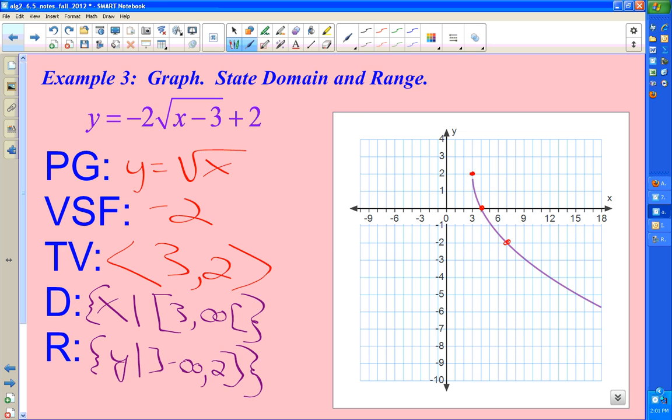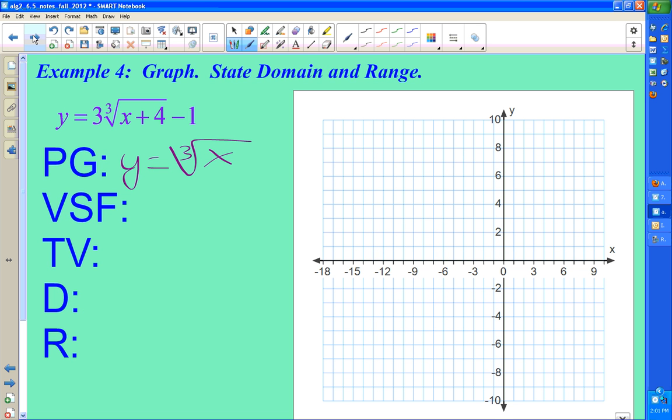What was the vertical stretch factor on this one? 3. Translation vector? -4, -1. Anyone not seeing those 3 components?